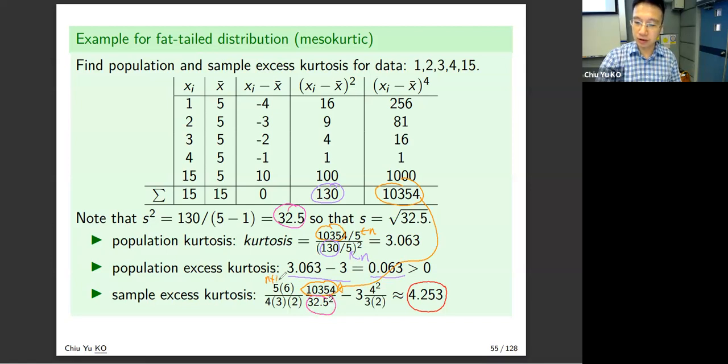Sorry, this is n. This is n plus 1, n minus 1, n minus 2, n minus 3, right? This is n minus 2, n minus 3, right? And 4 squared is just n minus 1, right? So I hope this convinces you that this is the formula. It's not complicated, right? Just plug in the data, okay?